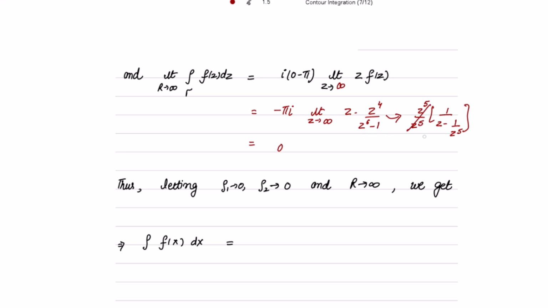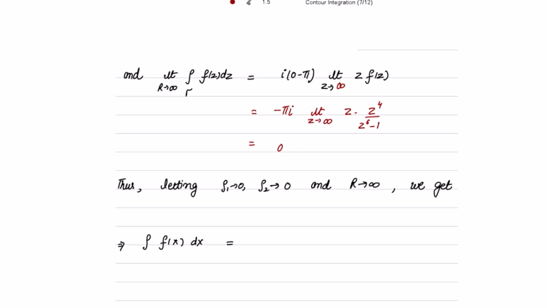So if you now put the value as z tending to infinity, you get the answer as 0, because 1 by infinity is 0, and 1 over infinity is 0, complete. So this answer comes out to be 0.